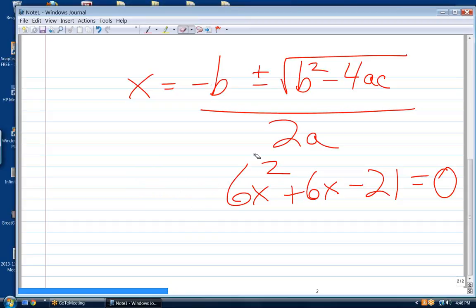Can I simplify this at all before I begin? You can simplify it by 3. Yeah. And that's going to make things easier, because if we use these numbers, we're going to have some big numbers in the quadratic formula, and it makes it more likely that we might make a mistake. So let's factor out a 3.